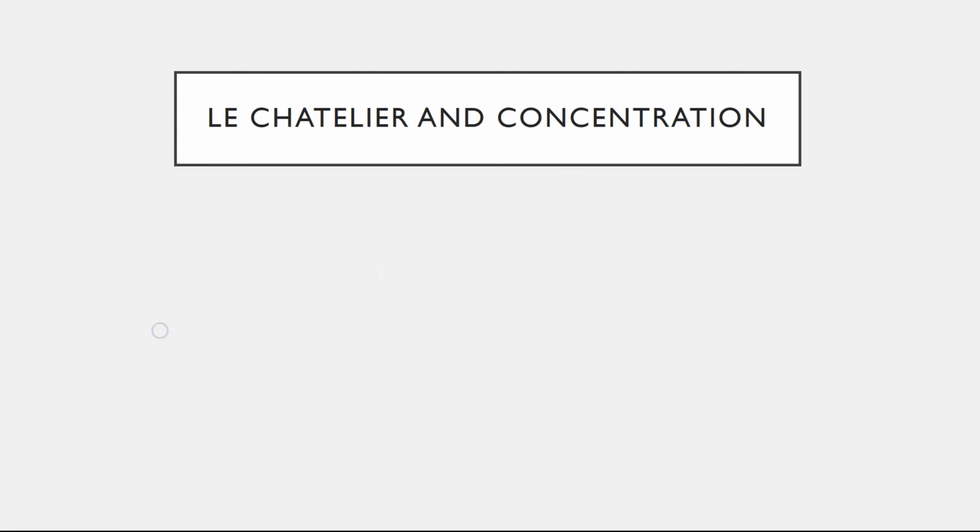Let's move forward. So Le Chatelier and concentration. Remember back in lecture 1, I said I want you guys to draw this bucket analogy for me, because it's going to help us understand Le Chatelier's Principle.